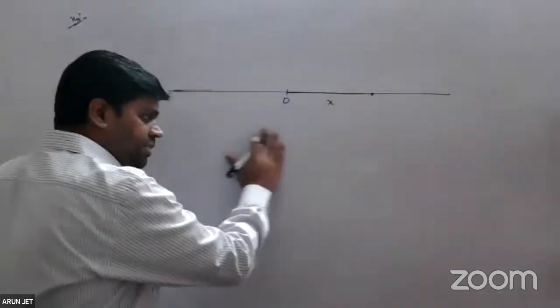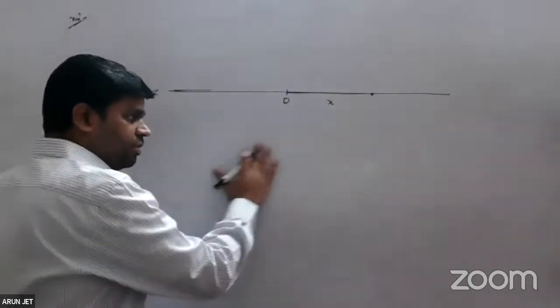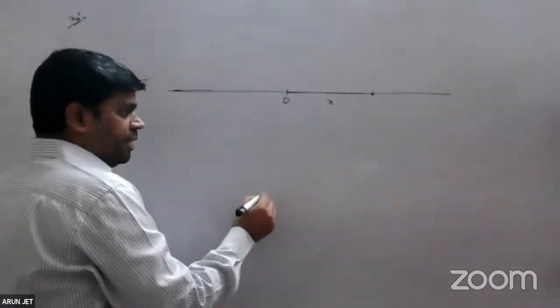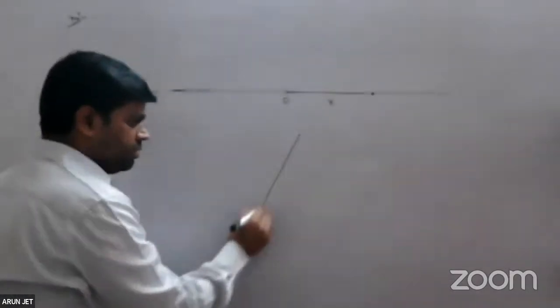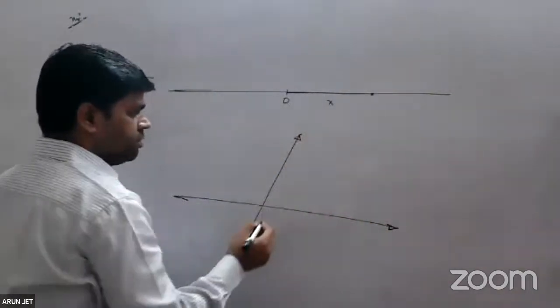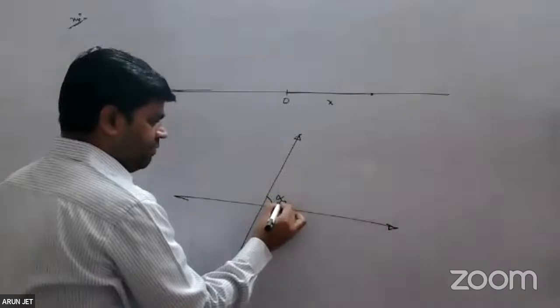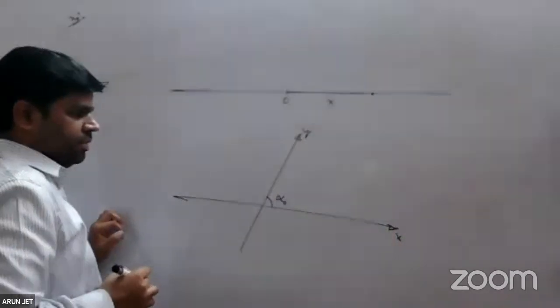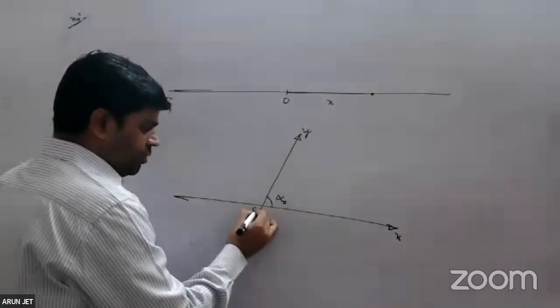If I've got a two-dimensional plane, then I need two numbers. What kind of numbers? Let this be alpha. Let this be x-axis. Let this be y-axis. Let this be origin.